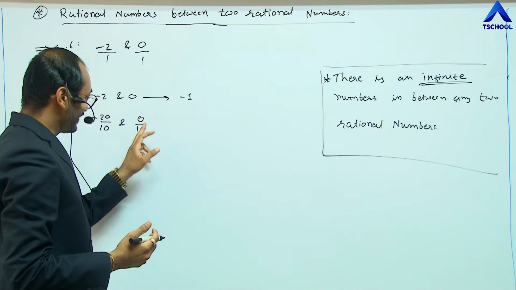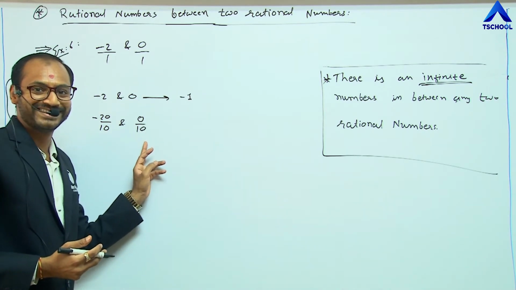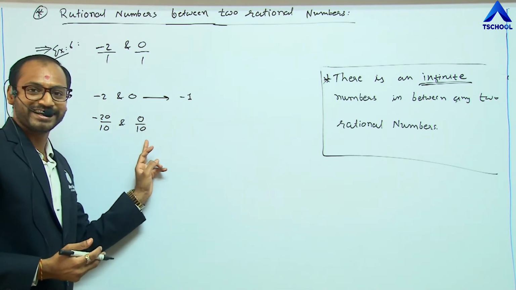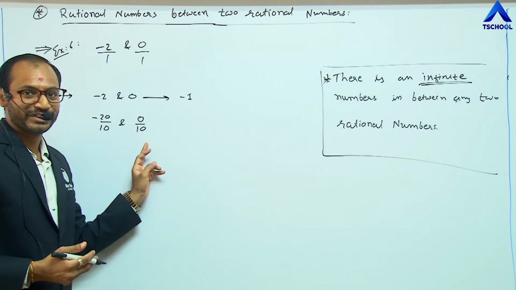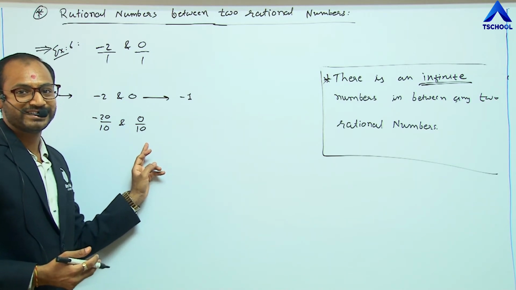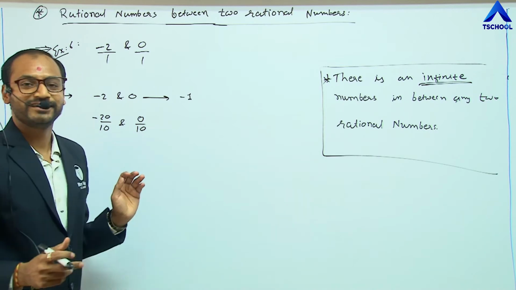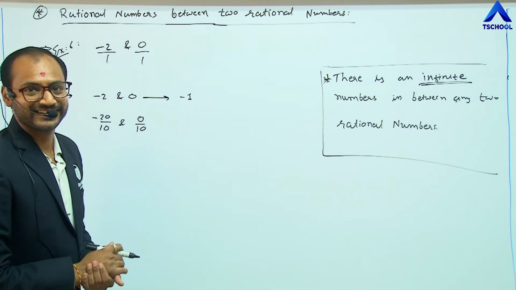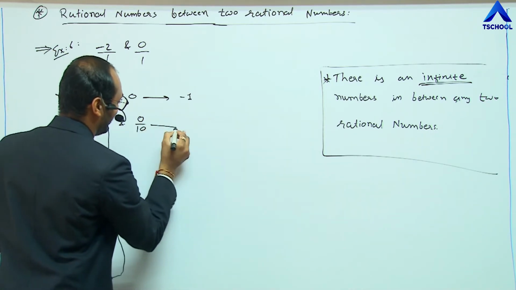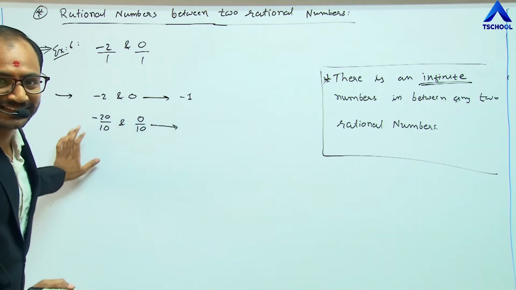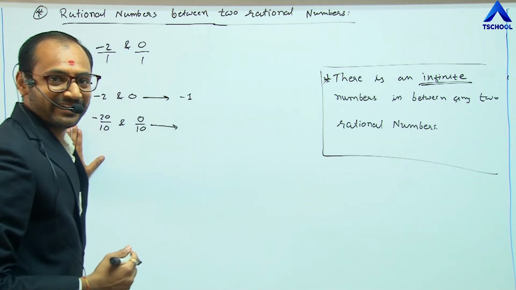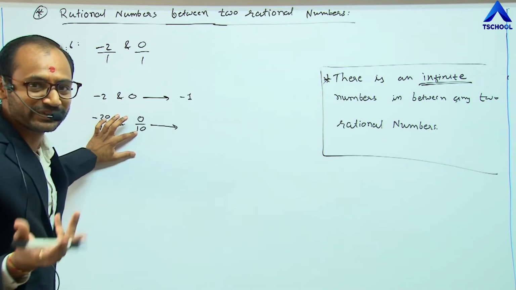Can you cancel the 0s? Can you solve it this way, by cancelling 0 and 0? No, because here is 0 alone. You cannot cancel it. The cancellation process is a type of division process. Clear? So 0 divided by 10 gives also 0.